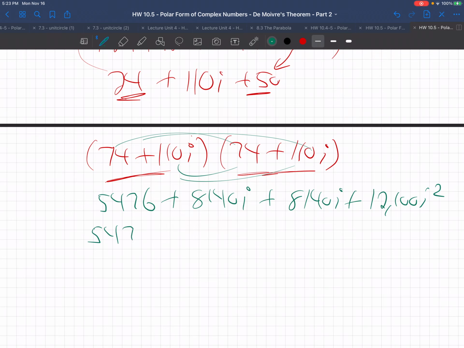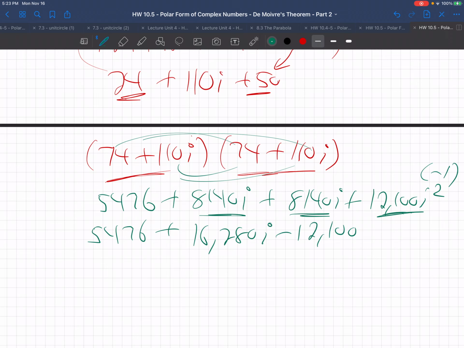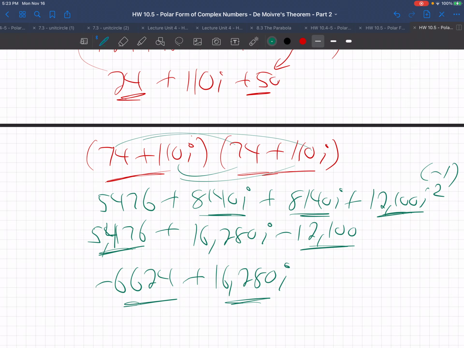So that'd be 5476 plus, add these two together, 16,280i, and then this is going to be negative 1 again. i squared is negative 1, so negative 12,100. 5,476 minus 12,100. What do we get? We get minus 6624 plus 16,280i. I think that's the answer.